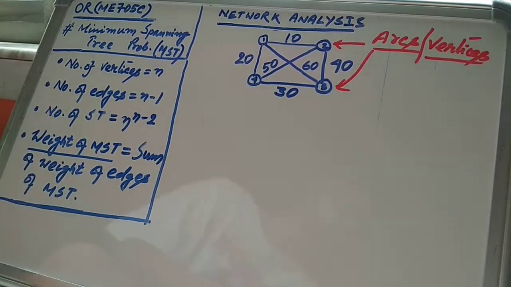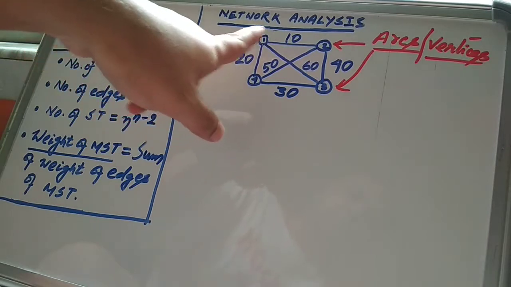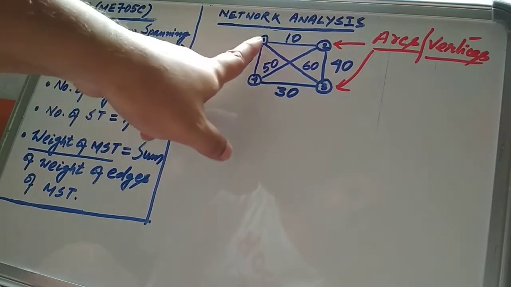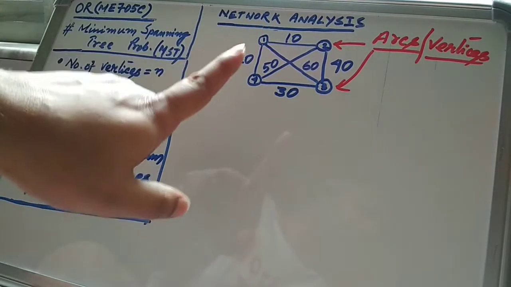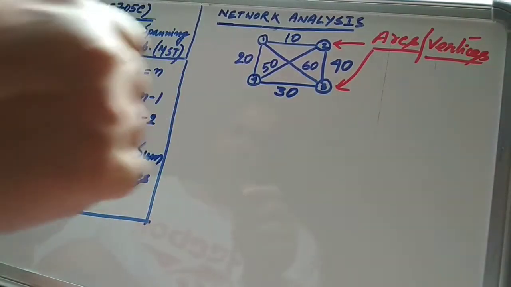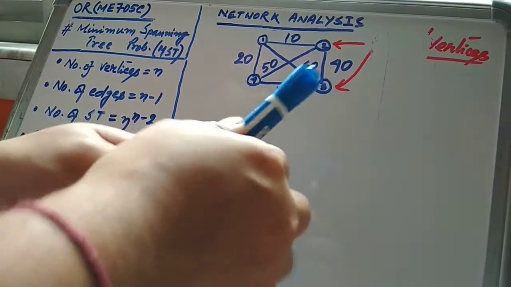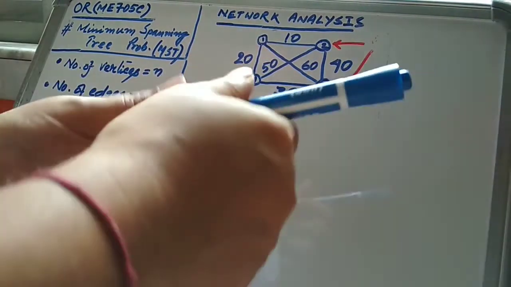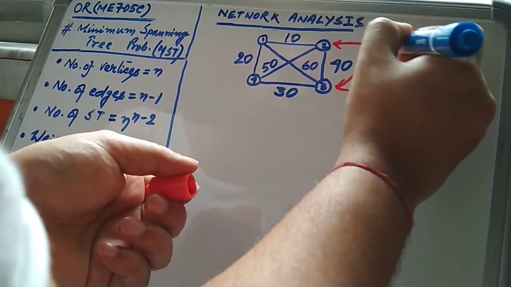So you can see in this particular network we have 1, 2, 3, 4, a total of 4 vertices. For this spanning problem we will call these vertices only, vertices.